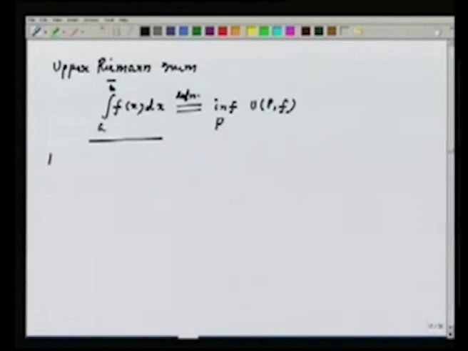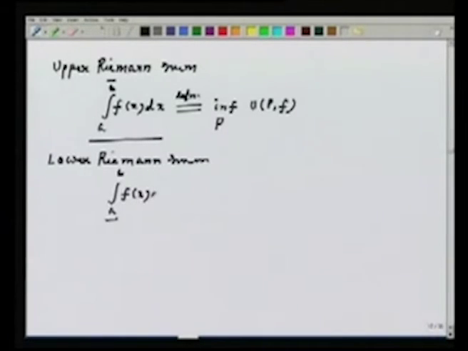Similarly, I define the lower Riemann sum, which I denote by the integral from a bar to b of f(x) dx. Notice that right now this dx has absolutely no meaning. The meaning of this symbol is explained by, this is the supremum over all P of LPF.